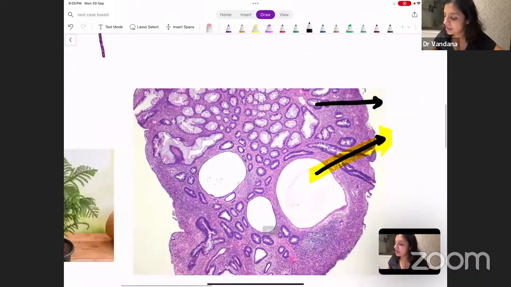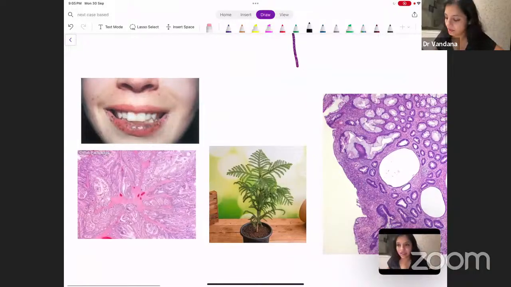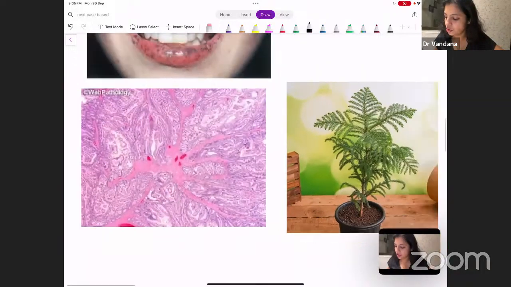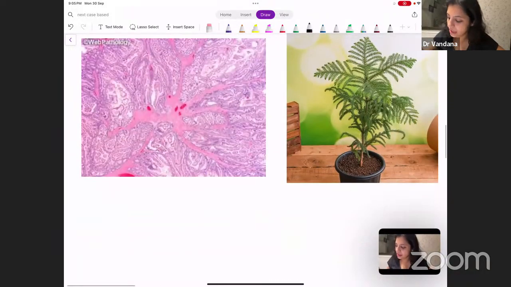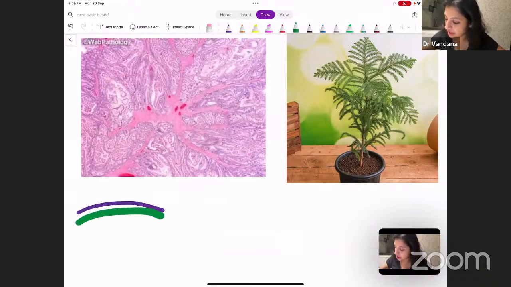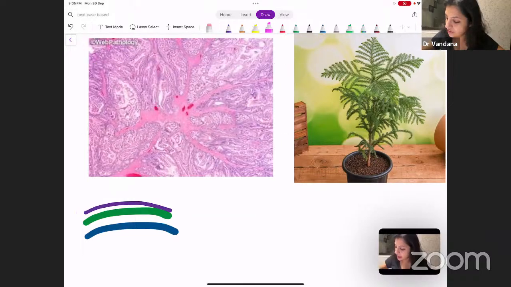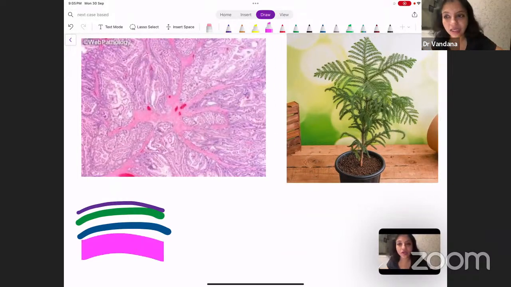Similarly, look at this polyp again. Normally in the intestine we have mucosa, submucosa, muscularis, and then serosa. That's an orderly arrangement.